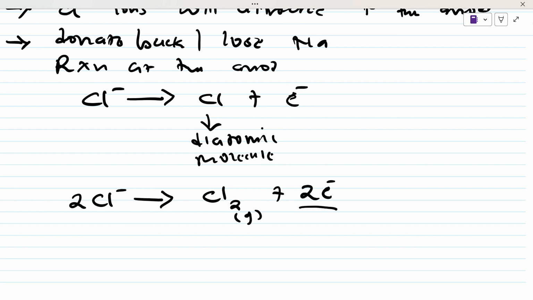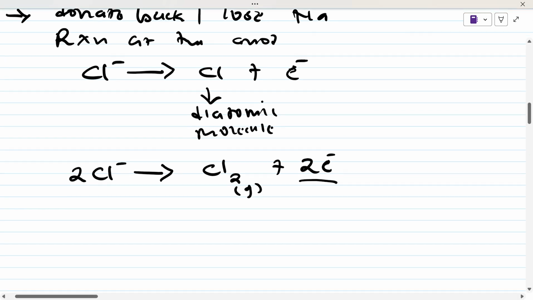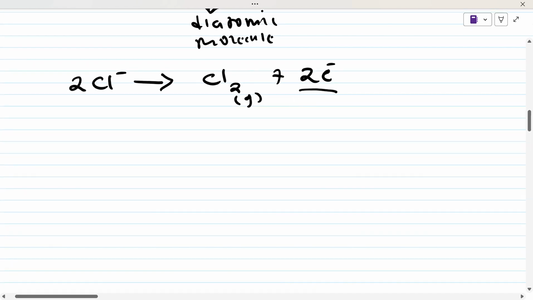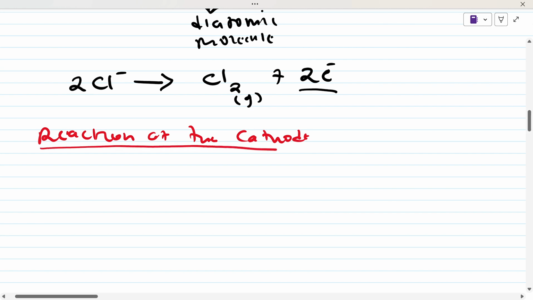Next thing I want us to know, reaction at the cathode. Really need to know reaction at the cathode or the negative terminal.